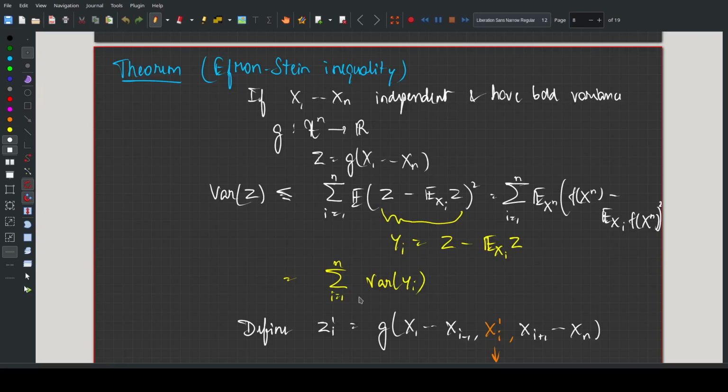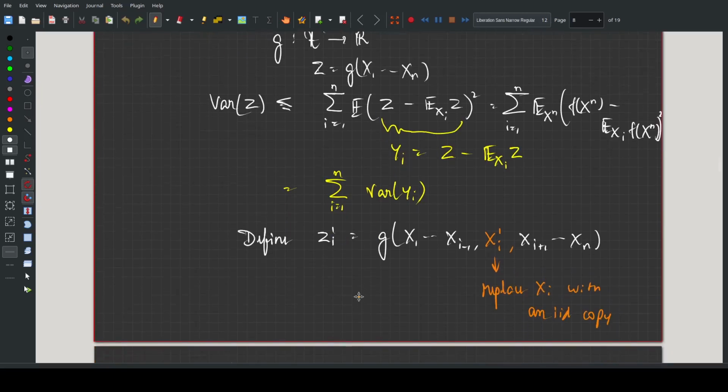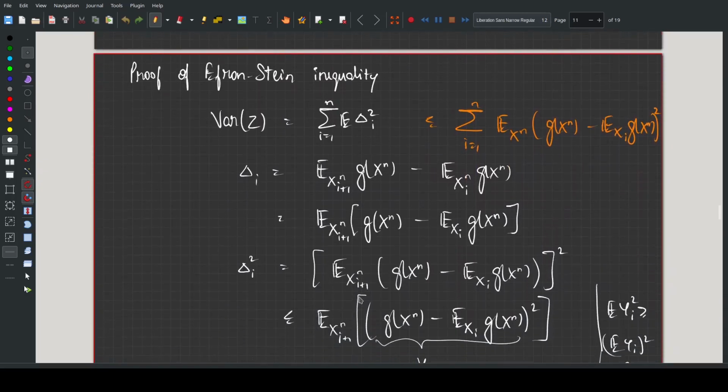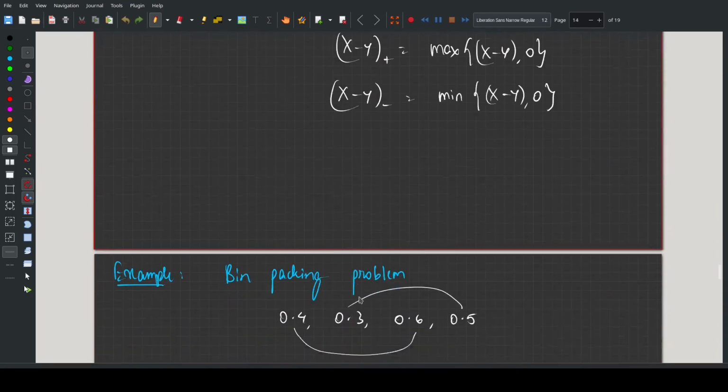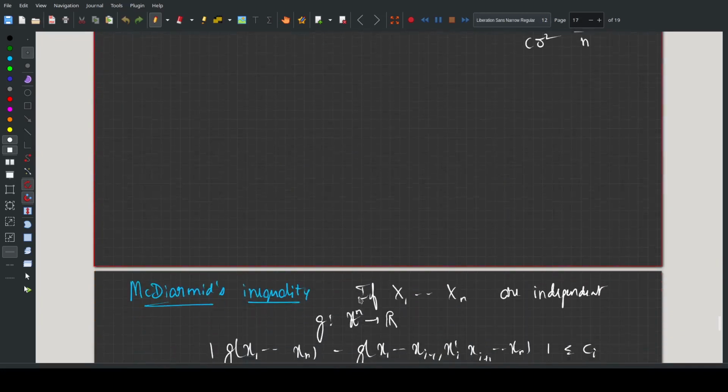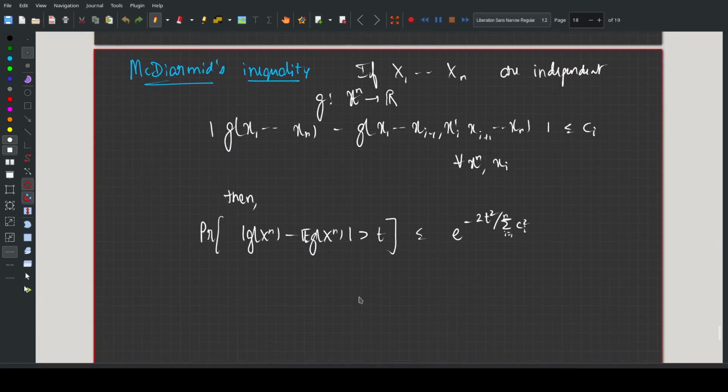But as we know, the Chebyshev inequality would not be tight, particularly in the case when g is just the sum of the n IID random variables. In fact, it is possible to derive much stronger tail bounds using McDiarmid's inequality and other similar inequalities.